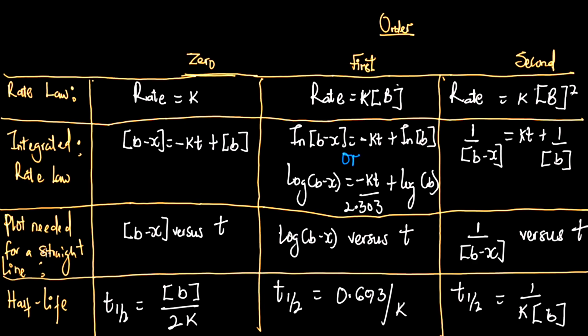For the plot needed for a straight line graph, remember that this is the same thing as y equals mx plus c. Our y is this, and our x axis is also this. We do the same thing for the remaining orders there. You already know how to calculate the half-life for each of them. So pause the video and screenshot this. Try to understand what is here.